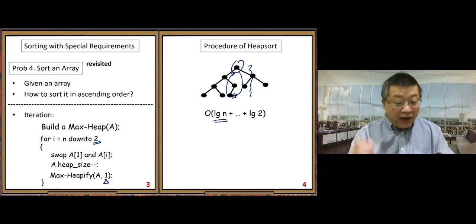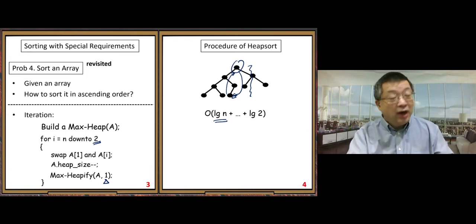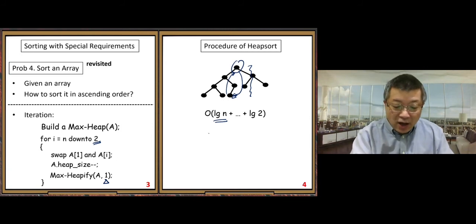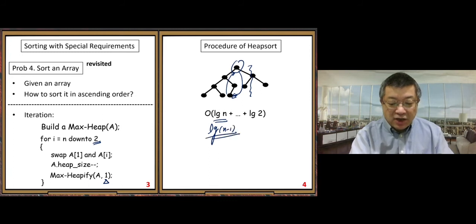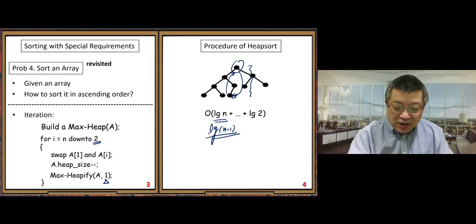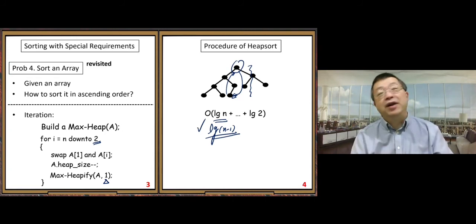The next time the heap size is reduced by 1. You can argue it is log of n minus 1, because the last element is already in place, so you exclude it. Precisely, it is log of n minus 1.